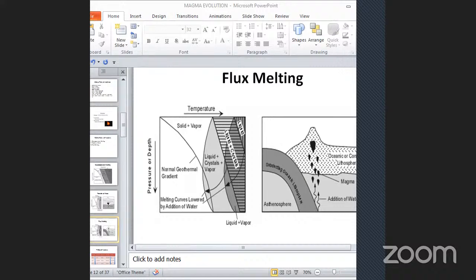The introduction of this water in the mantle would then lower the melting temperature of the mantle to generate partial melts, which could separate from the solid mantle and rise towards the surface, right?